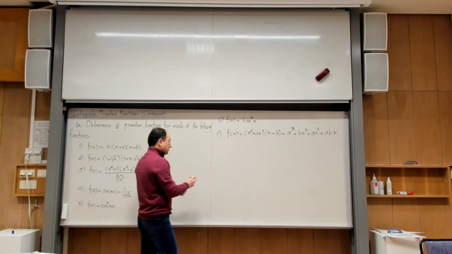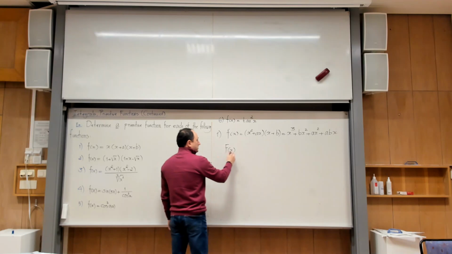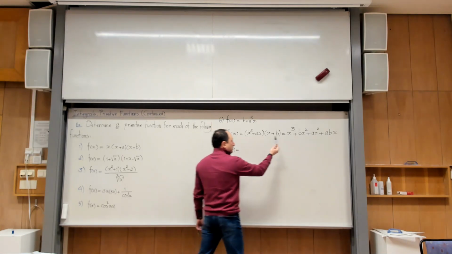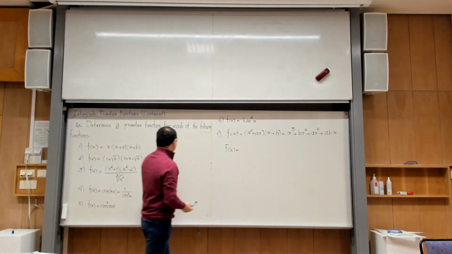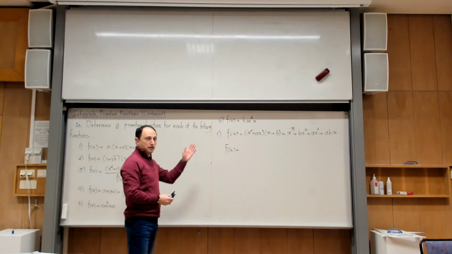Then I can find the primitive function, and usually I told you that if the original function is little f, the standard symbol is to use the same letter, the capital form. So F of x is equal to. And then I told you that even though for the product we don't have any formulas, but for addition we have formulas. We can do them term by term. Yes.